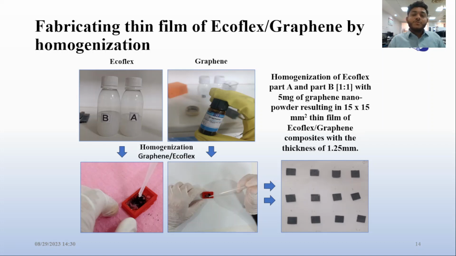So homogenization of EcoFlex part A and part B by 1:1 with 5 milligram of graphene nano powder, resulting in a 15 by 15 millimeter square thin film of EcoFlex and graphene composites with a thickness of 1.25 millimeter. As you can see, the process is very simple and easy to fabricate our piezoresistive pressure sensor.